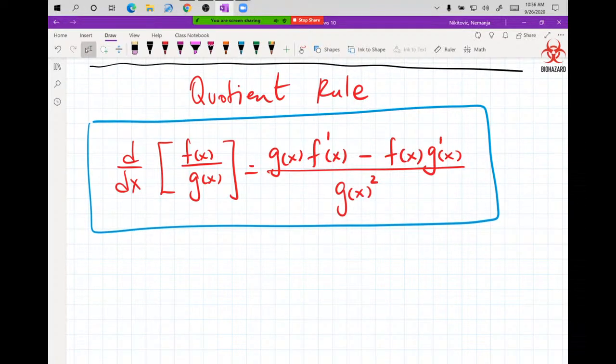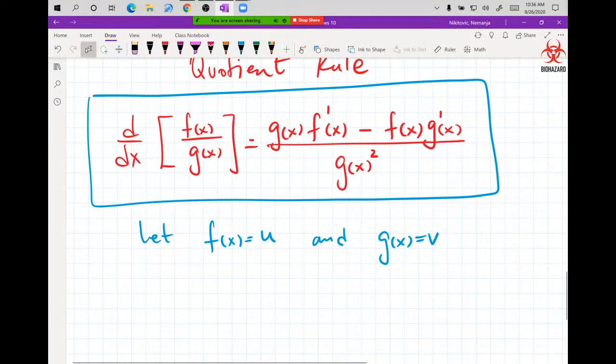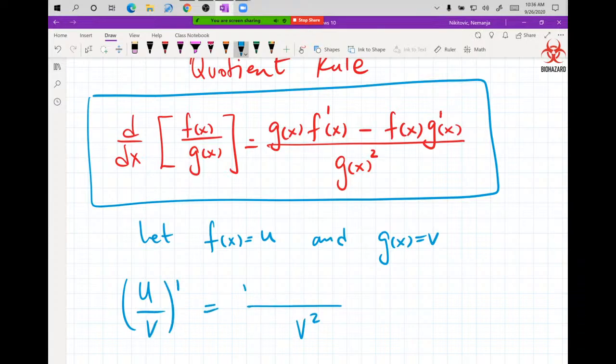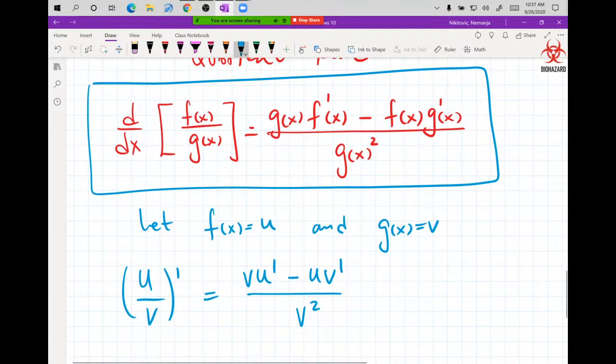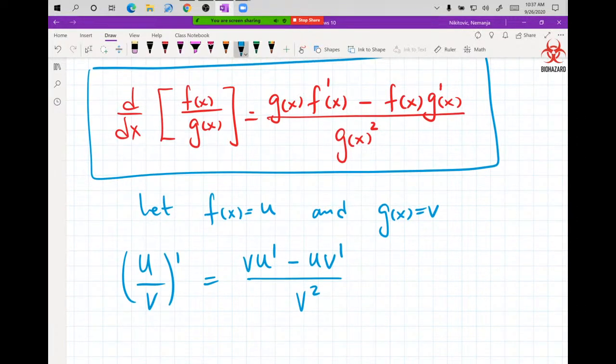The u form is u divided by v. You have a v squared, so v u prime minus u v prime.